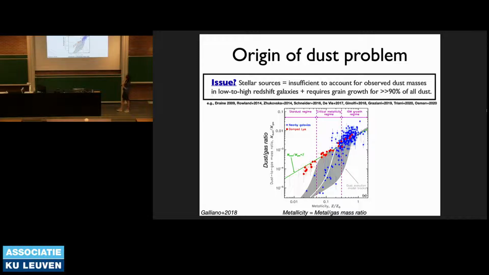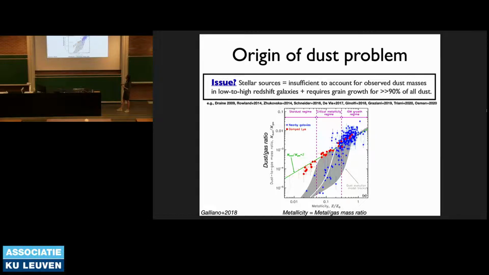If a galaxy would follow this linear relation, that would mean that when you increase your metallicity, the same amount of metals would be locked in the dust grains, and the same amount of metals would be present in the gas phase. So the fraction would remain the same when you're growing in metallicity.